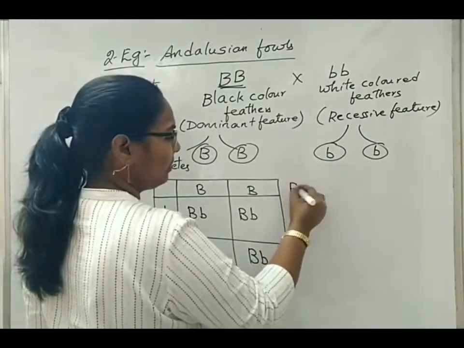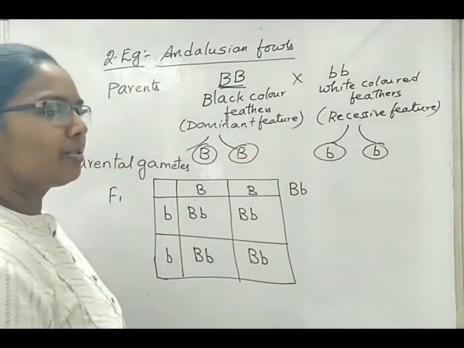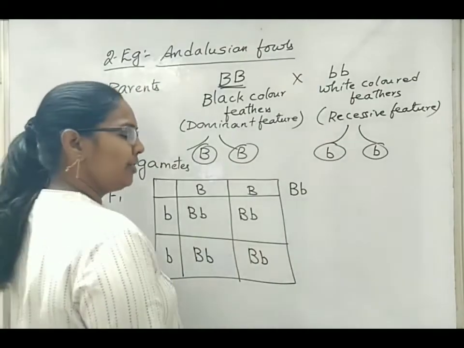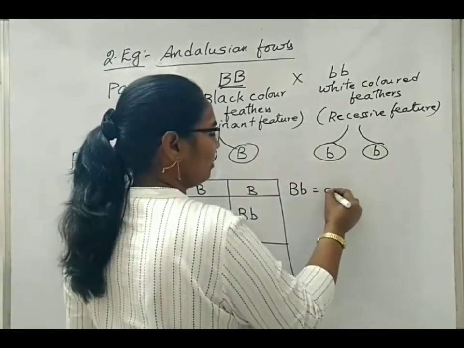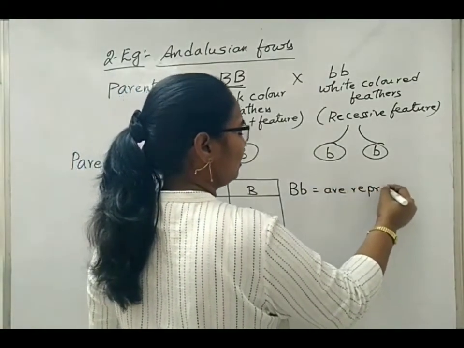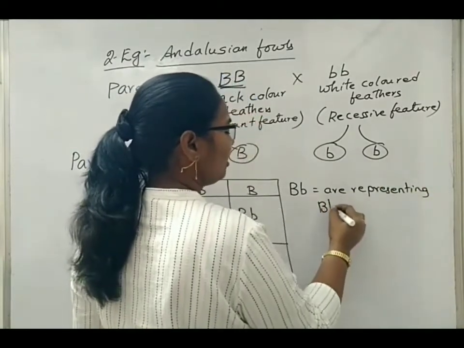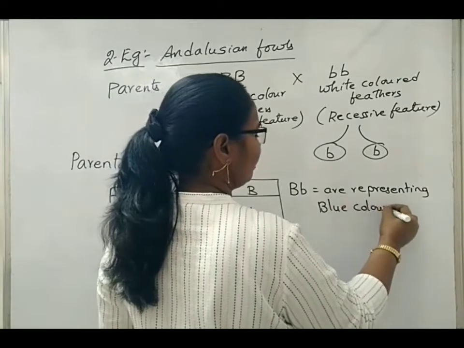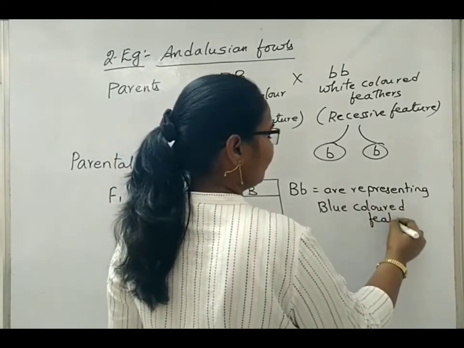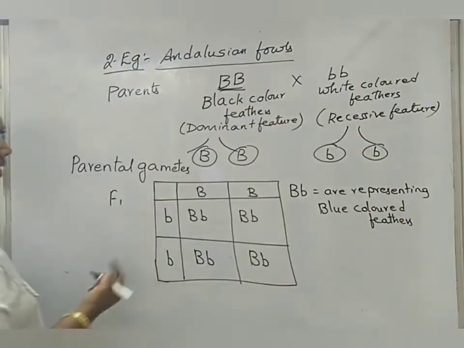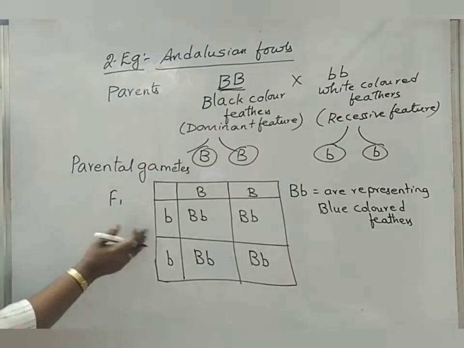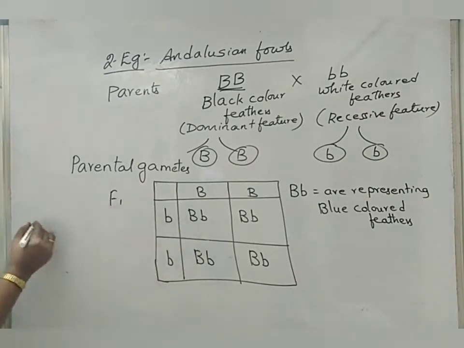Now, capital B, small b means a heterozygous combination of the alleles of the gene, which is expressing blue colored feathers. So that is the phenotypic expression of the offspring in the F1 generation.